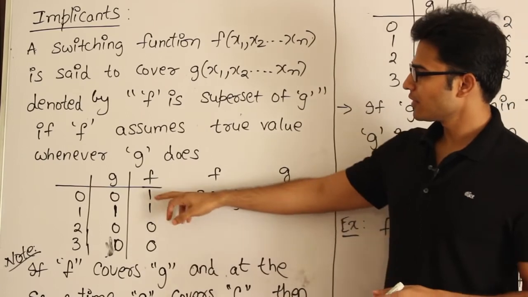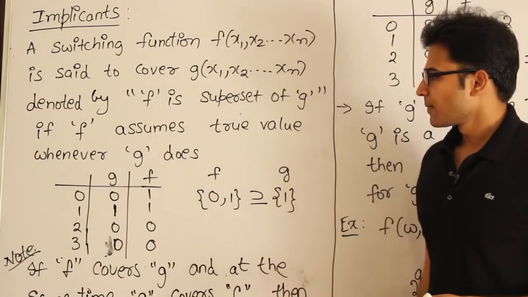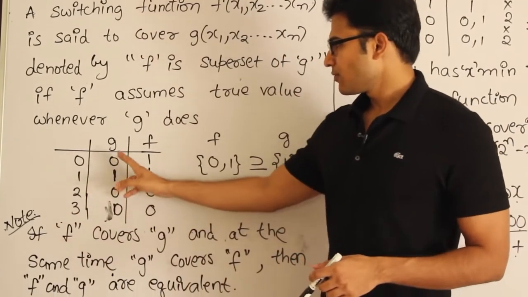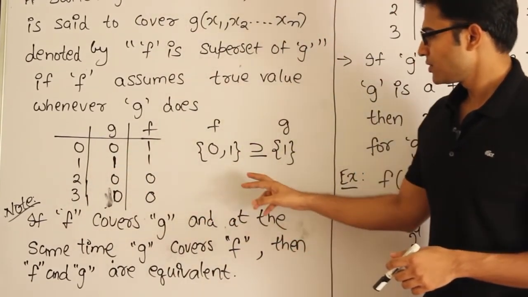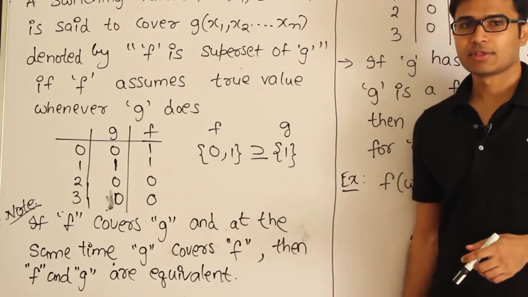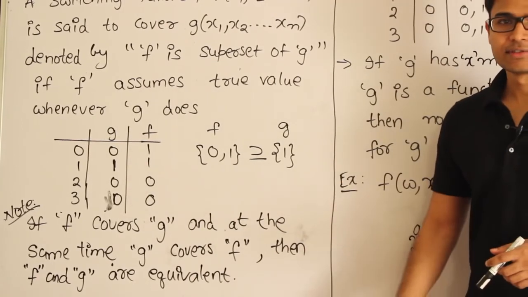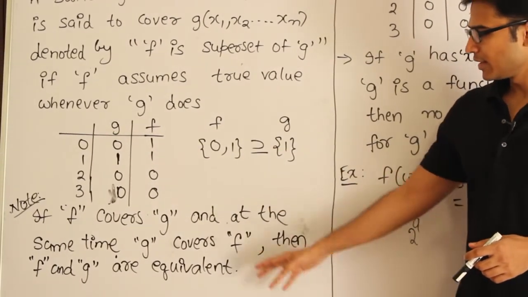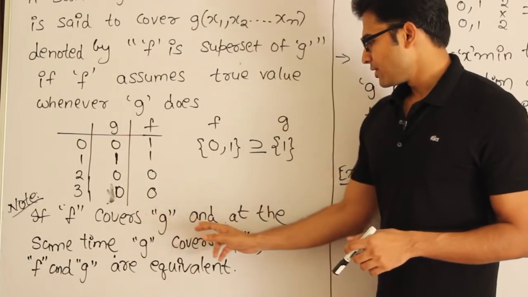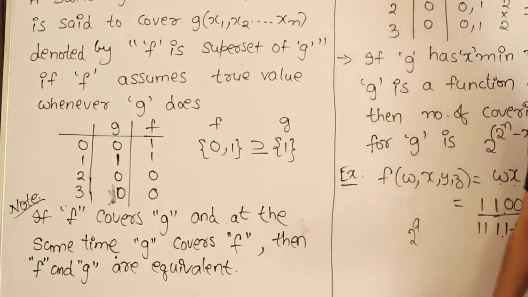Now if f covers g, then f is a superset of g, and if g also covers f, then g is a superset of f. That happens when both are equal sets, so we can say both are equivalent. If f covers g and g covers f, then f and g are called equivalent.